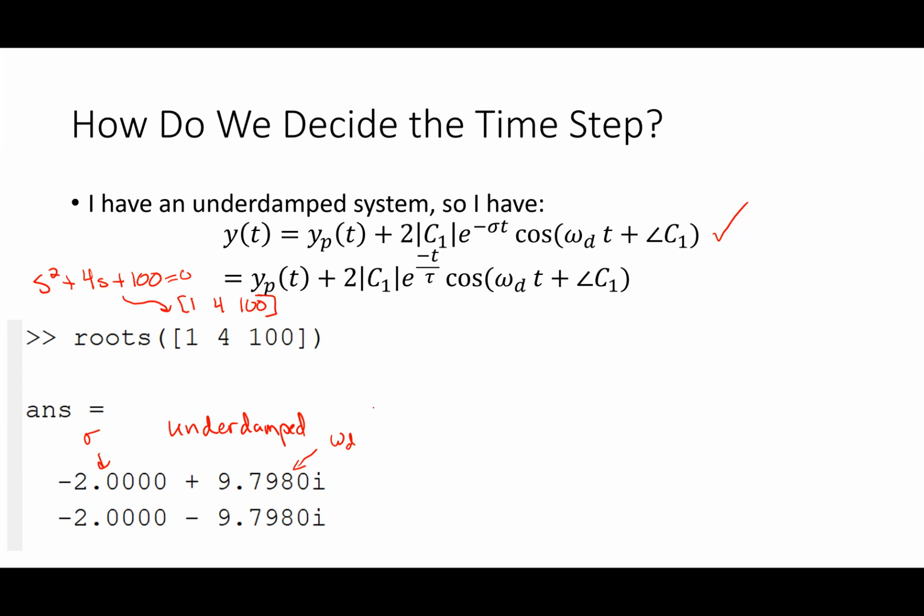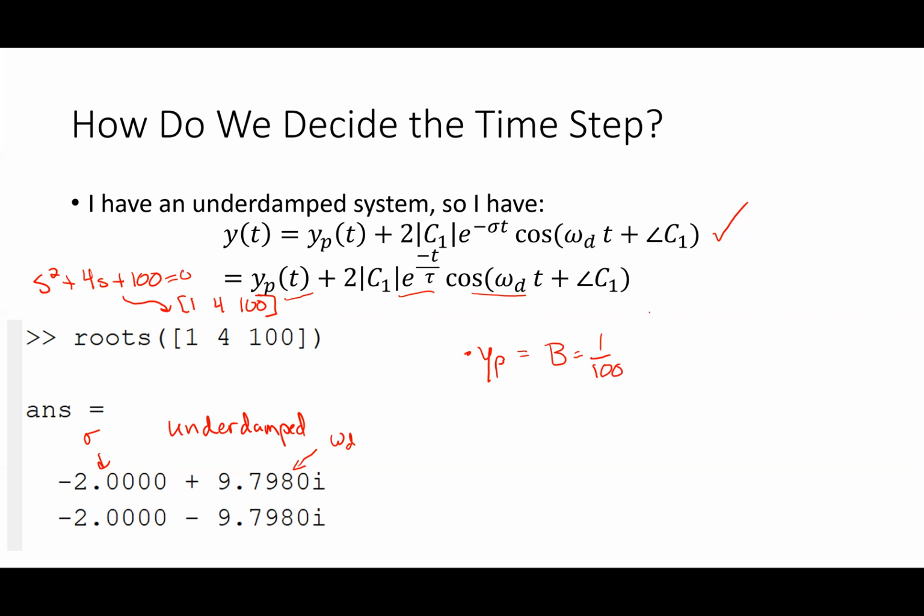In this particular instance, it looks like I have 3 different features to think about when choosing my time step. One is whatever's going on with the steady state response, then whatever's going on with the decay, and then whatever's going on with the cosine form. So yp is one of them. Now yp we said was a constant, and that constant was 1 over 100.